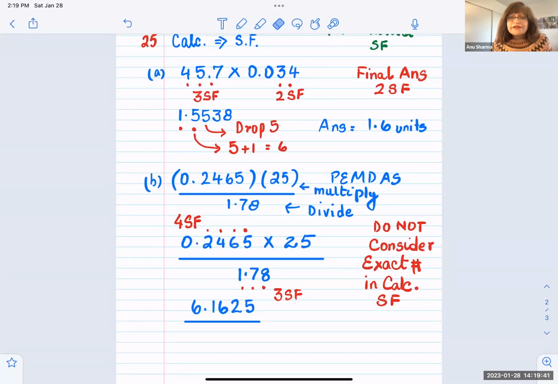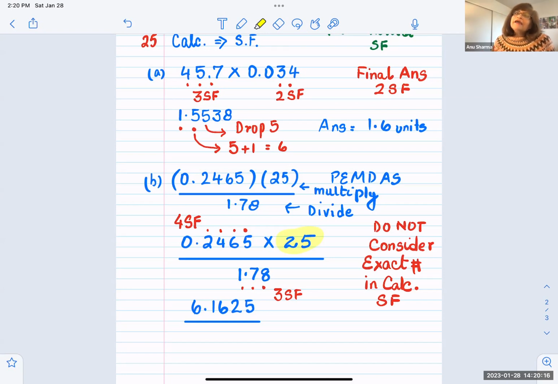As I was telling you, do not consider the exact numbers when the final answer has to have a certain number of significant figures. The reason is that these exact numbers have variable significant figures. It depends on the context in which you're using the measurements, who is using them, and how much uncertainty is allowed.